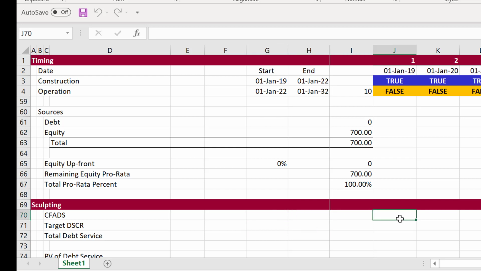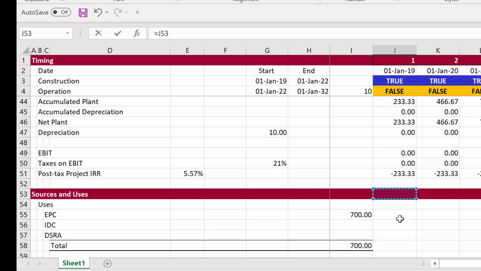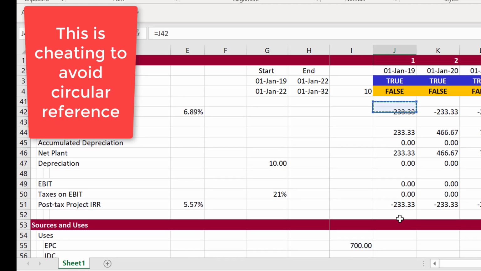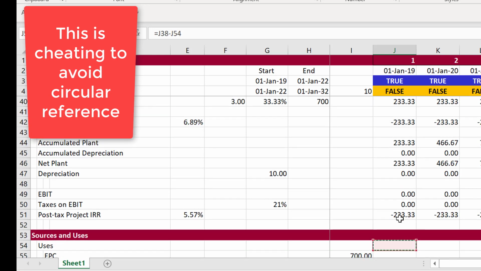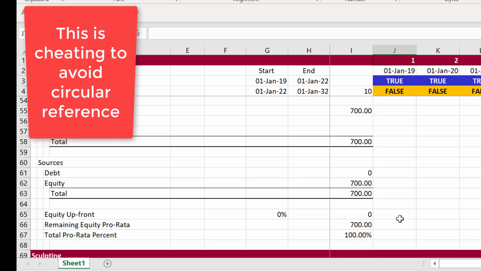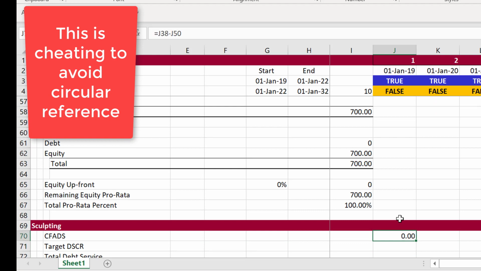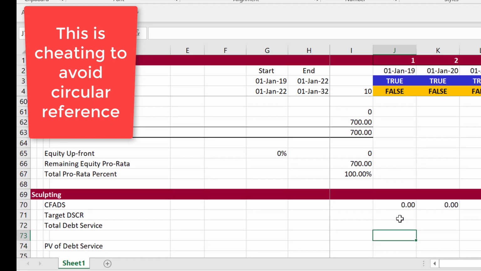Now for now, I'm going to completely cheat. I'm going to pretend in the stupidest way you could possibly imagine that the EBITDA minus the all-equity taxes, well, no, it's really the post-tax cash flow, is the CFADS. Of course, that's not the case.